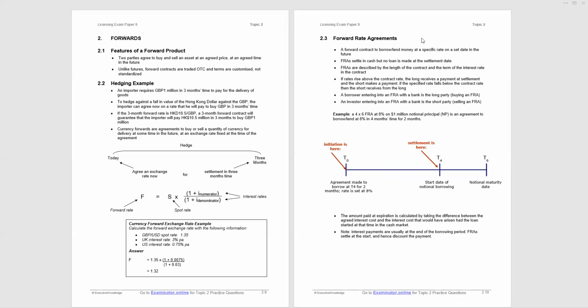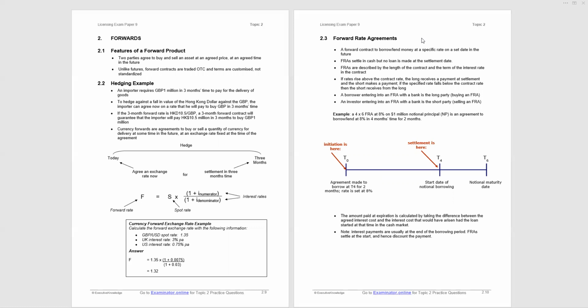And by way of a diagram, you can see that today we agree an exchange rate for settlement in 3 months' time. Now, the formula that you must know for the paper 9 exam: the forward rate is equal to the spot rate multiplied by 1 plus the interest rate of the numerator currency, divided by 1 plus the interest rate of the denominator currency.